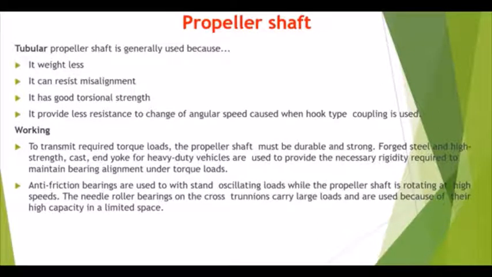So usually the drive shaft will be hollow in order to keep the weight low, because the major criterion is weight. If it is less in weight, it provides good strength, and it will be strong enough with a good quality material.